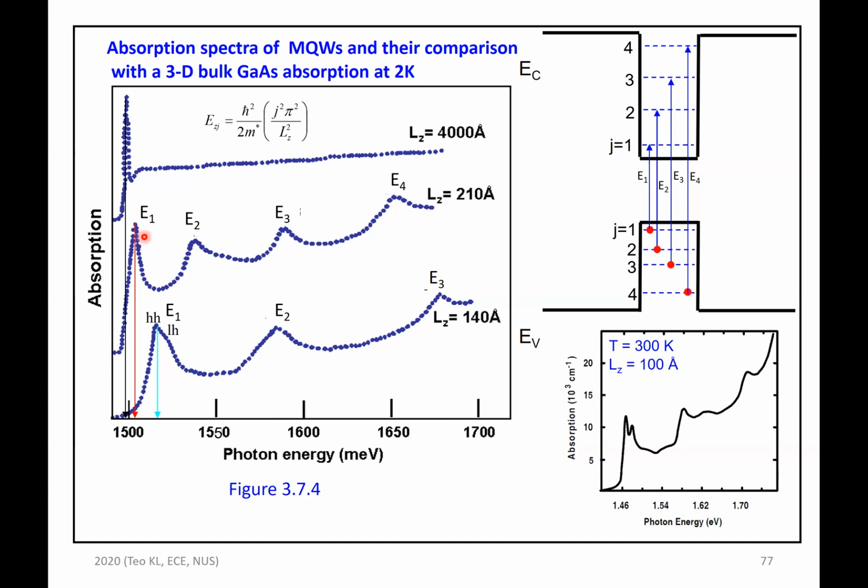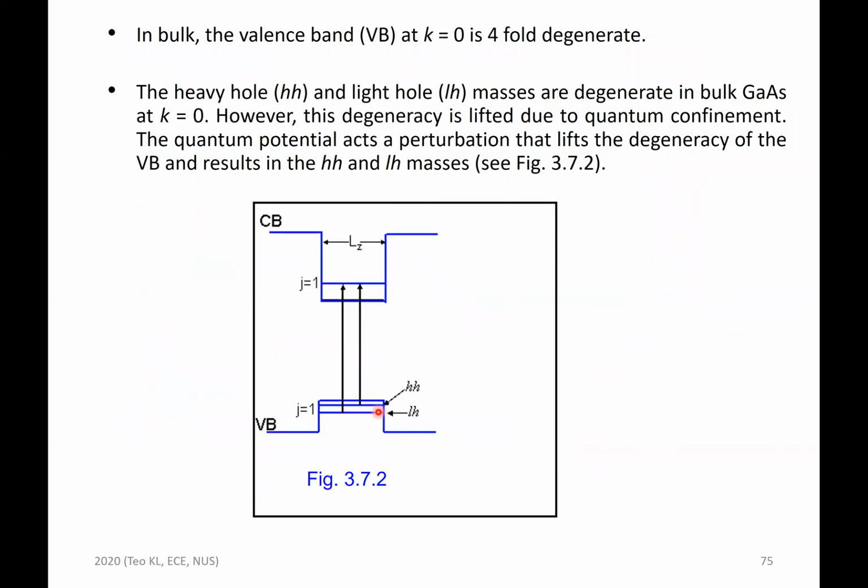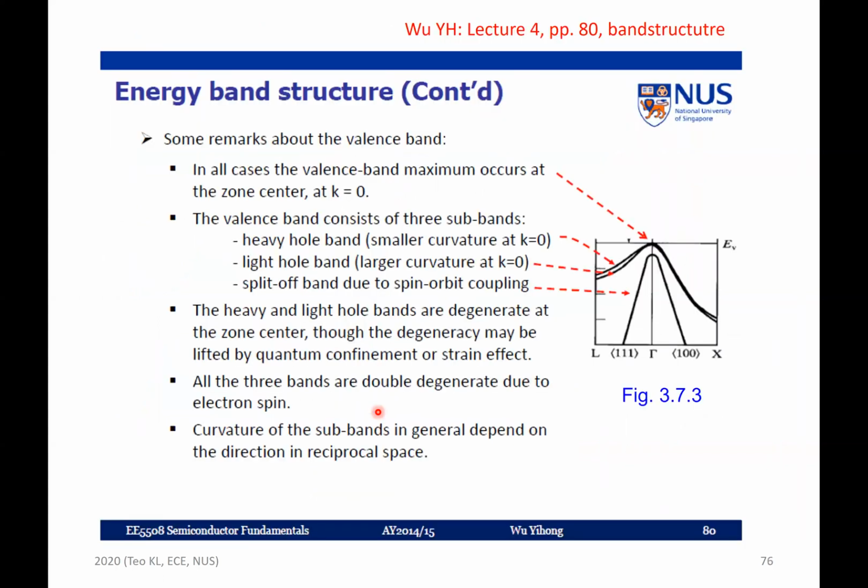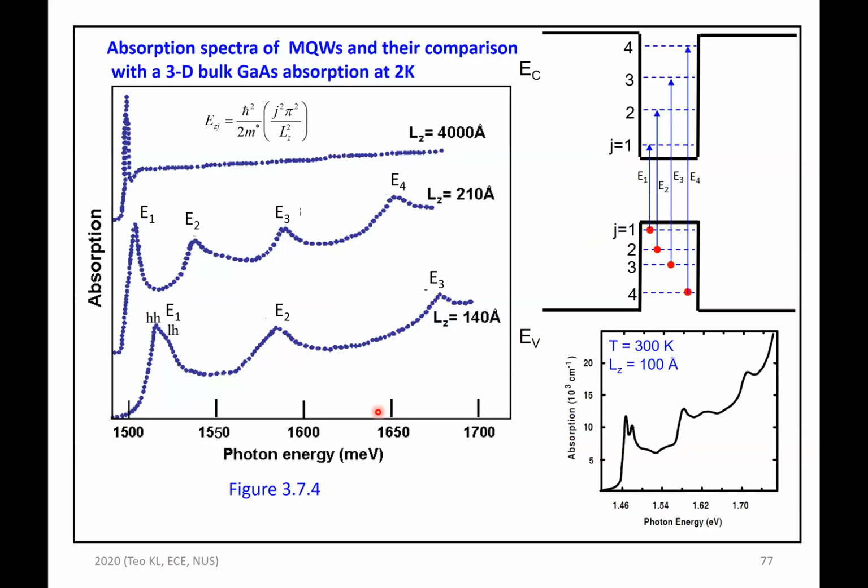Now, as you go to 140 Angstrom, because the confinement effect is so strong, as we did mention, the degeneracy can be lifted. So it can split into heavy hole and light hole. So you can have heavy hole and light hole transitions down here. It's not easy to see, but you can see the peak compared to 210 and 140.